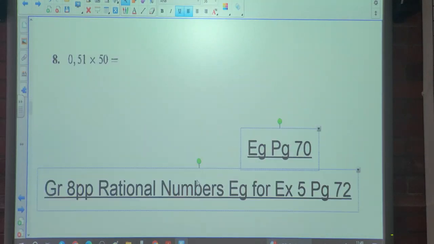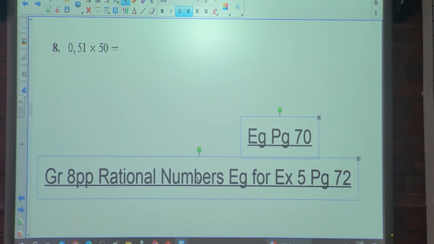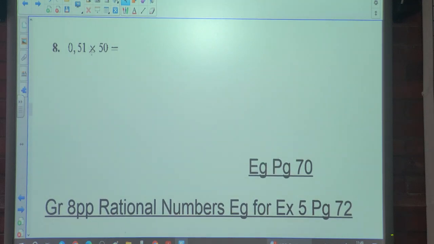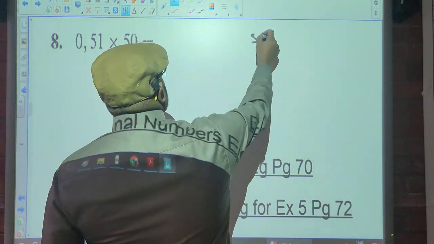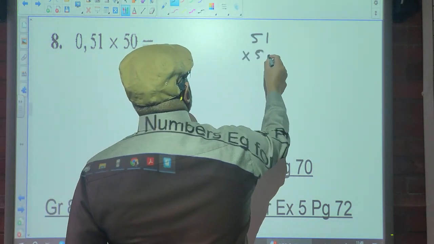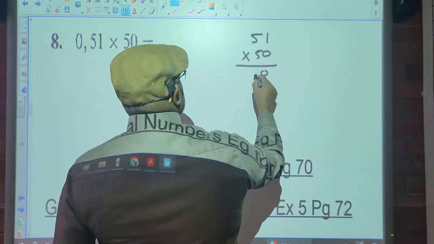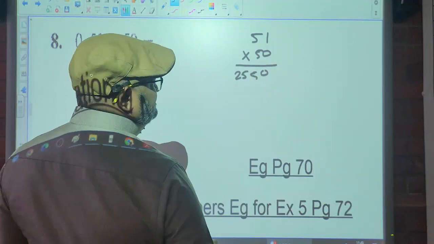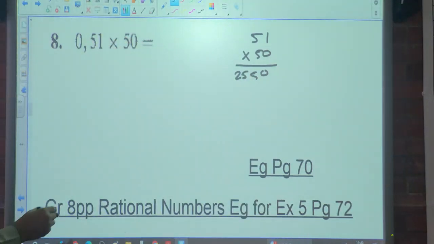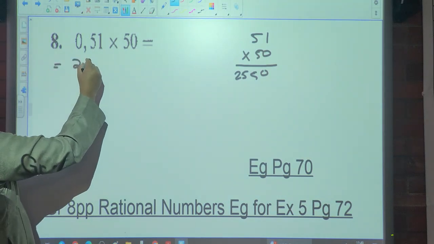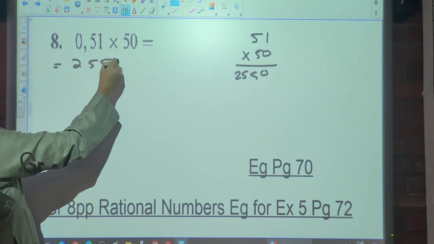Look at the next one, number 8. Again in terms of our numbers, this would simply be 51 multiplied by 50. So in other words, this is going to be 2,550.